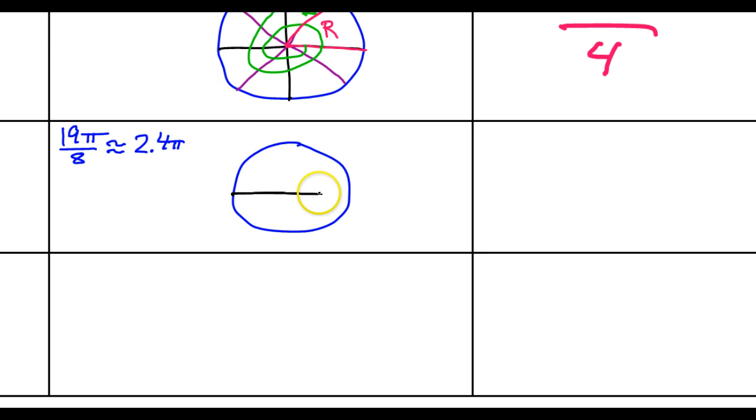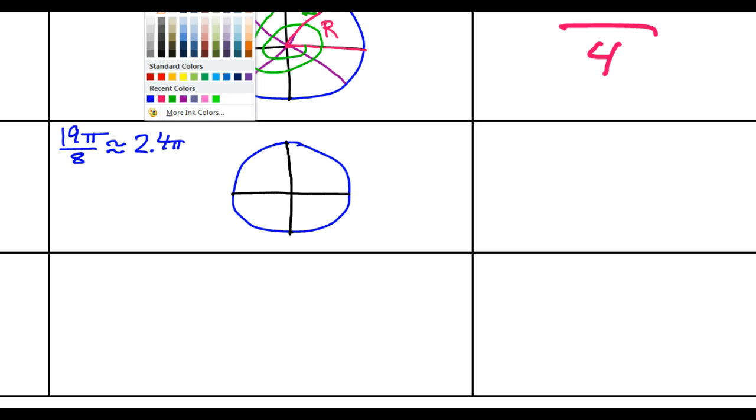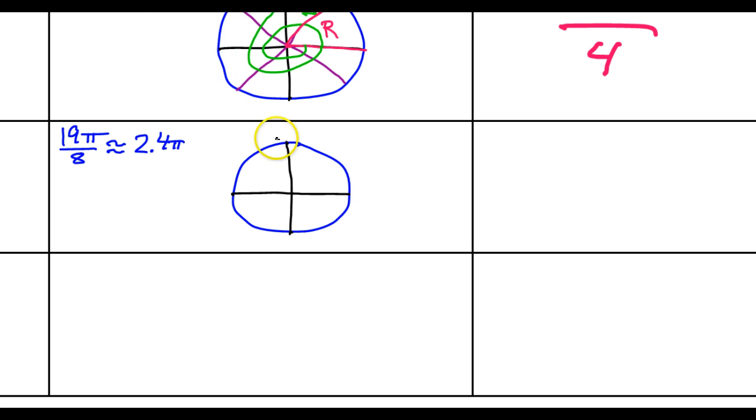Here's pi, and here's pi over 2. In decimal form, up here at the top, half pi is like 0.5 pi. Over here on the left, that's pi, so 1 pi. If I keep going around, this would be 1.5 pi, and if I kept going here, I'd be at 2 pi.